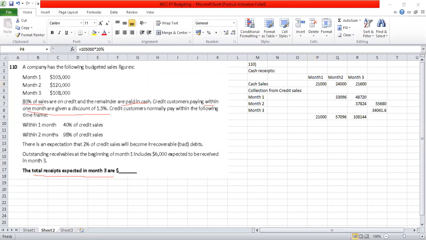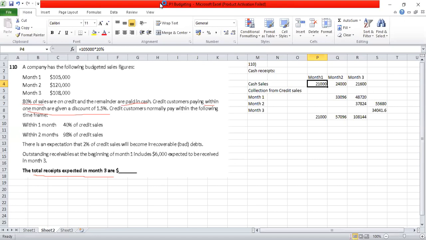And so 40% of the credit sales will happen within the same month that it's budgeted for. Okay. Plus there is something else also.